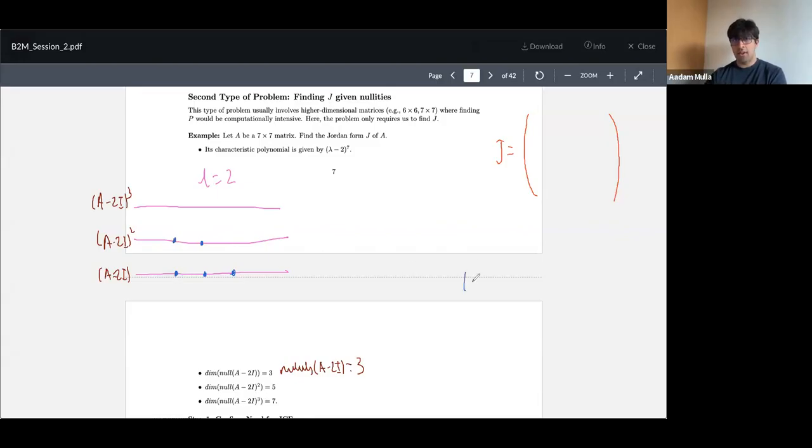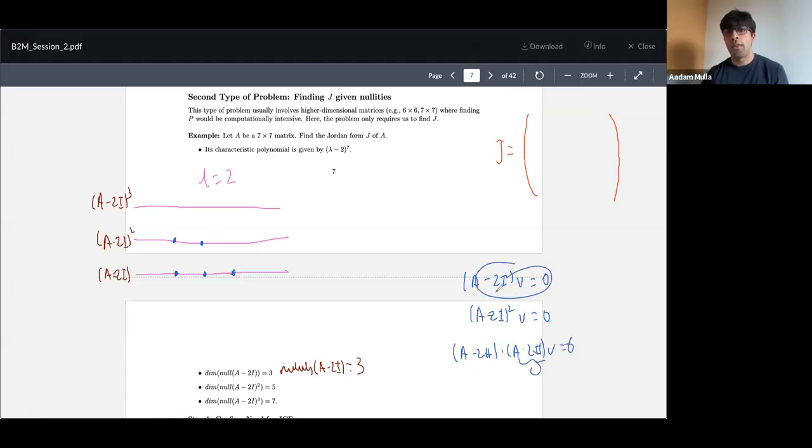If a vector satisfies A minus 2I times that vector equals 0, then A minus 2I squared times that vector also has to be 0, because A minus 2I squared is A minus 2I times A minus 2I times the vector, and the inner part is already equal to 0. So these are overlaps anyway. That's why we don't add 5 new ones on the top.